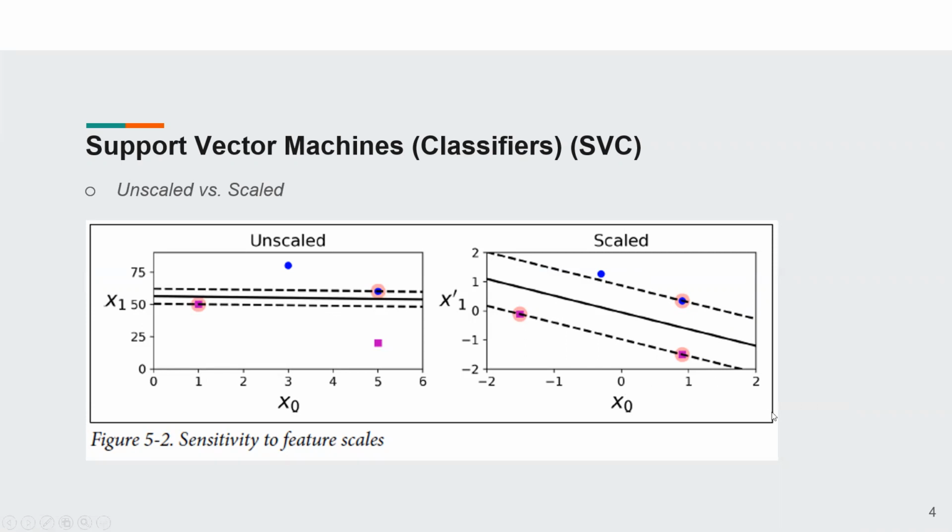But on the right-hand side, you scale the data, x0 prime from -2 to +2, and x1 prime from -2 to 2 as well.